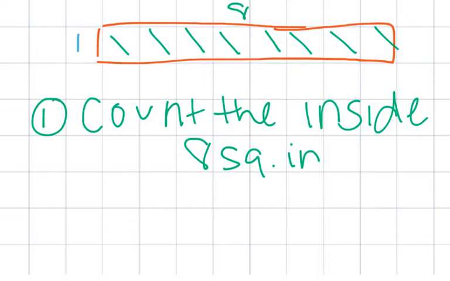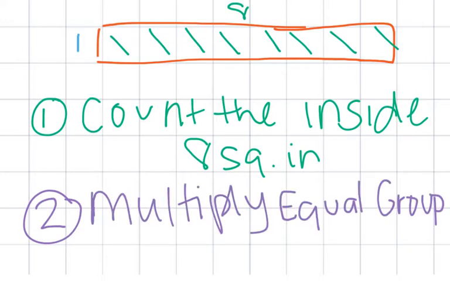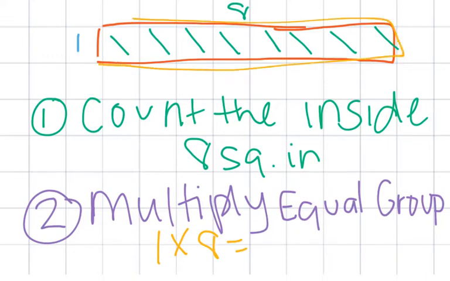Or I could use my other strategy of multiplying with equal groups and think of it as saying 1 times 8. And one group of 8 equals, that's right, 8. And so I would say the area is 8. Great job, everyone.